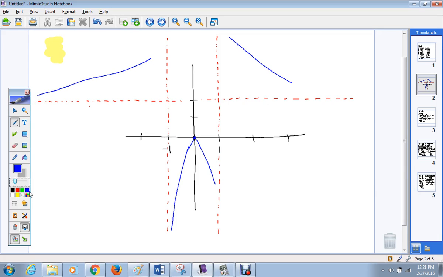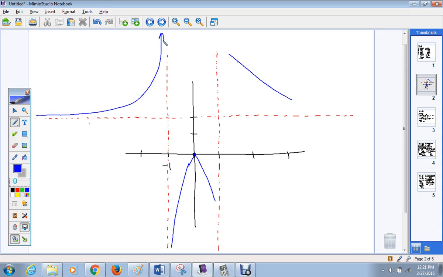Let's erase this now that we know about the concavity. So we would be increasing concave upward, doing this, and then approaching this asymptote.